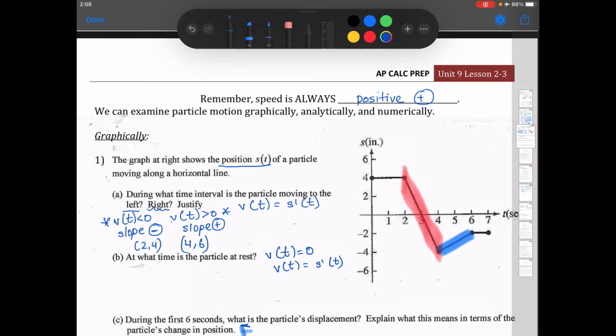So we want to find when the derivative of our position graph is 0. So where is the derivative 0? Your slope is 0 at what intervals? From 0 to 2 and from 6 to 7.